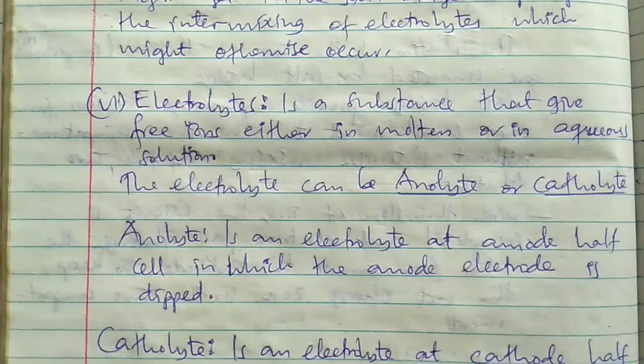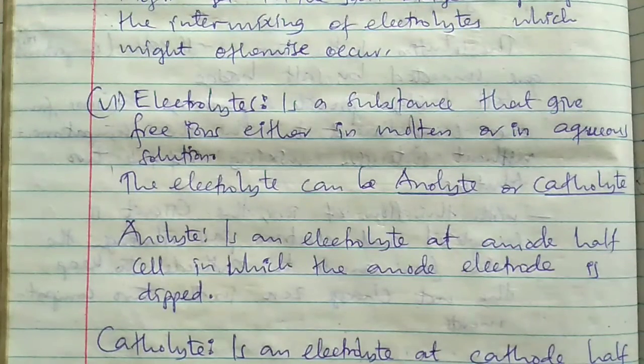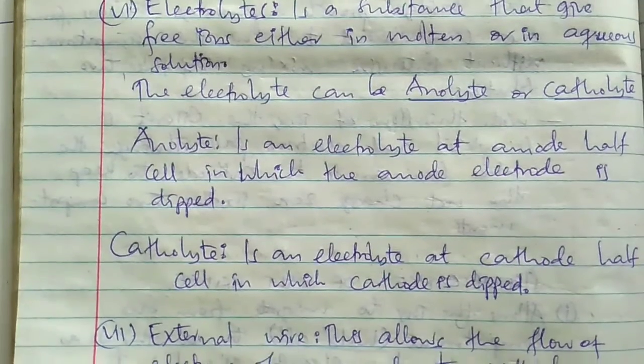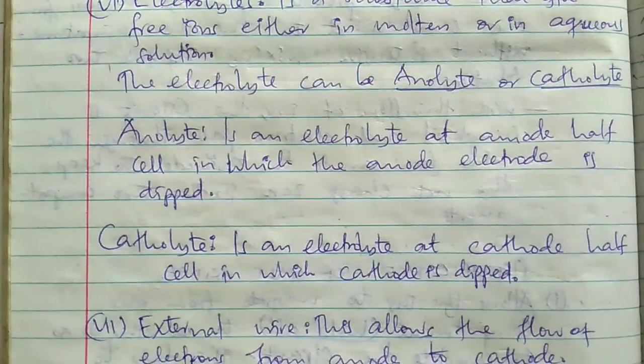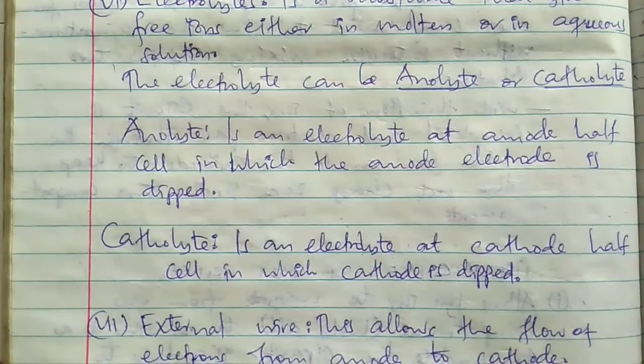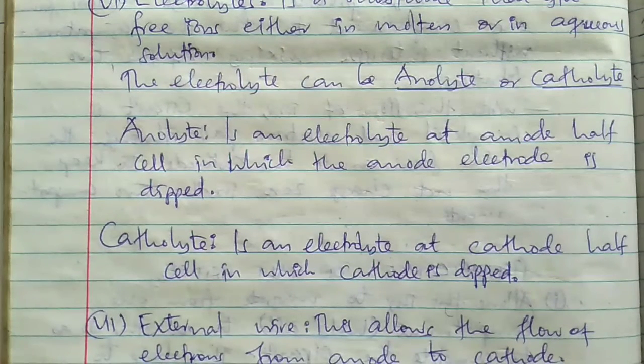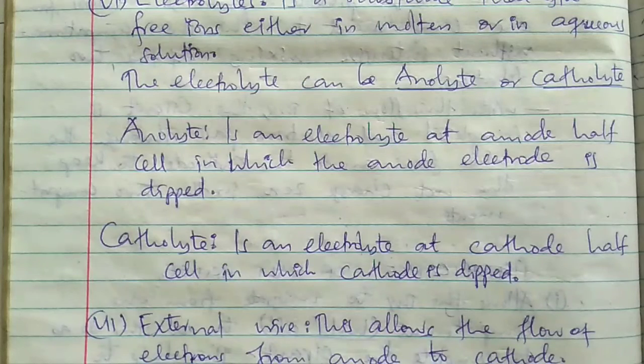The anolyte is the electrolyte at the anode half cell, in which the anode electrode is dipped, while the catholyte is the electrolyte at the cathode half cell, in which the cathode is dipped. It is known as the catholyte. So electrolyte inakuwa na free ions either in aqueous or in molten state.